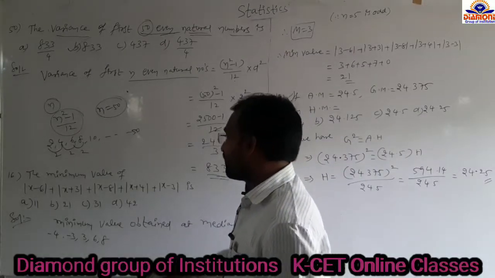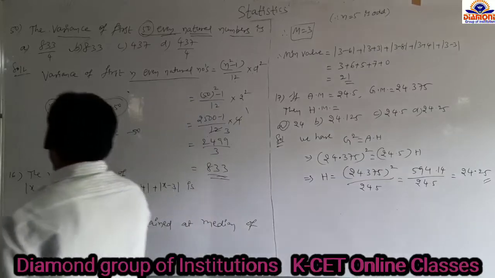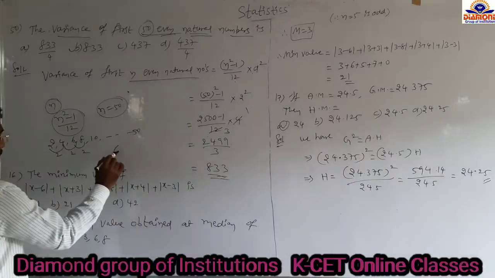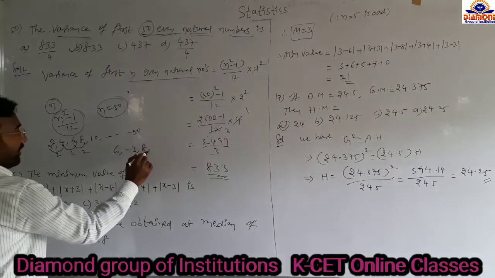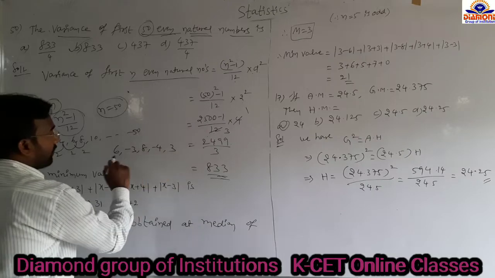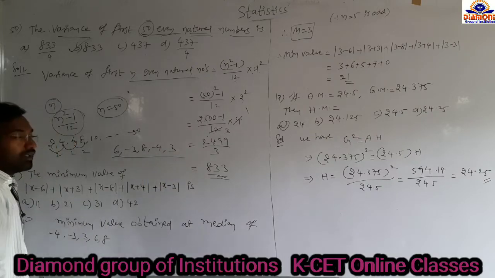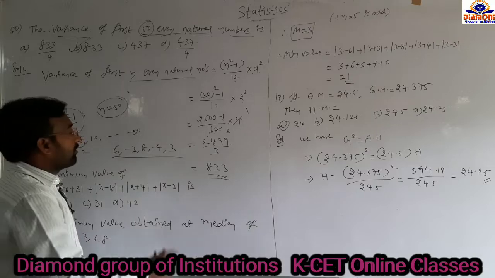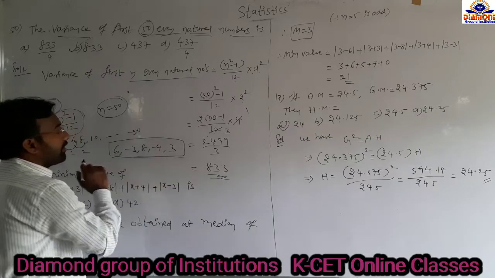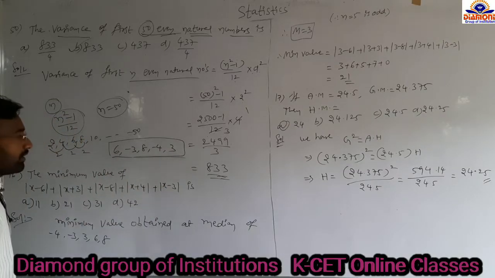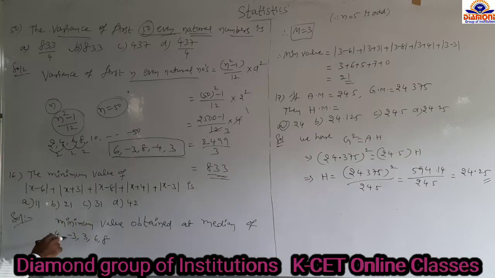So first, what are the observations in this column? Observations are 6, minus 3, 8, minus 4, 3. Total 5 observations only. For calculating the median, write these observations in ascending order. So you write minus 4, minus 3, 3, 6, 8.